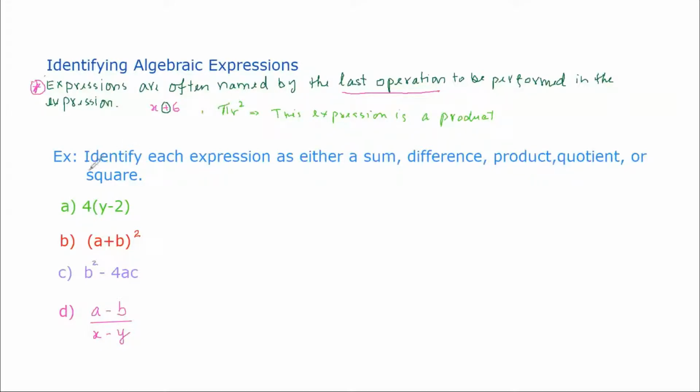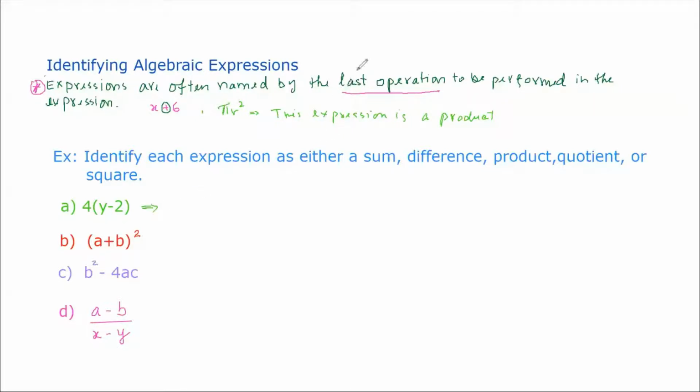The example says, identify each expression as either a sum, difference, product, quotient, or square. Okay, we see the first one here. You can see which one is the last operation.